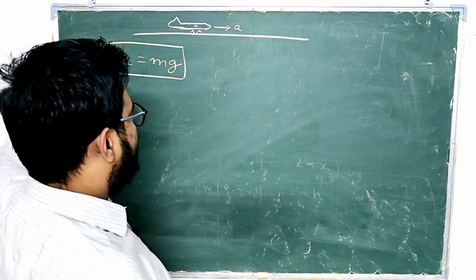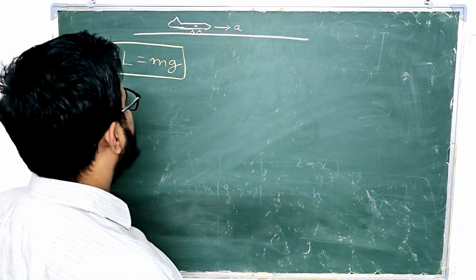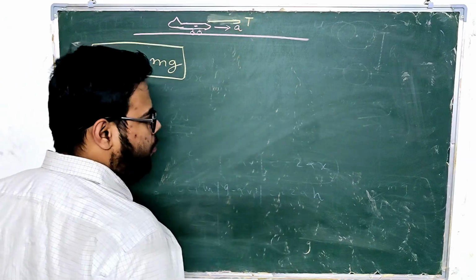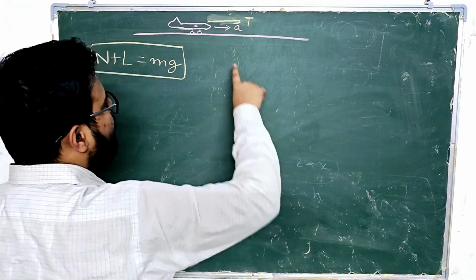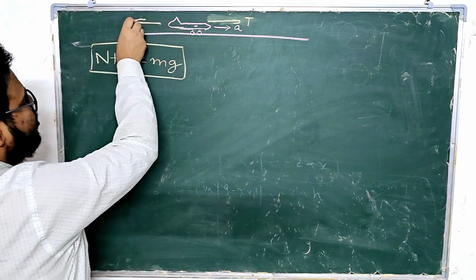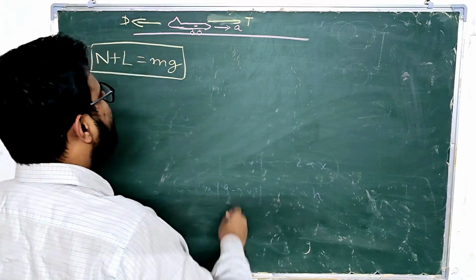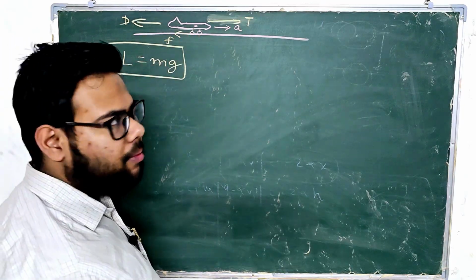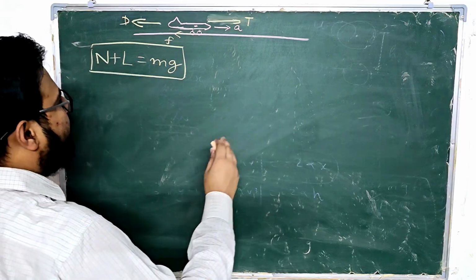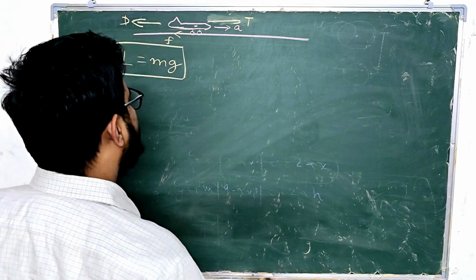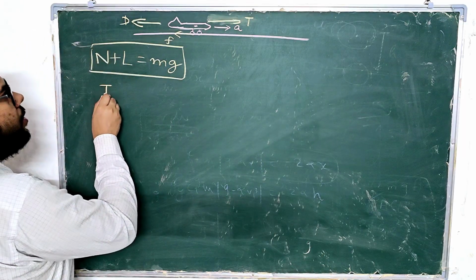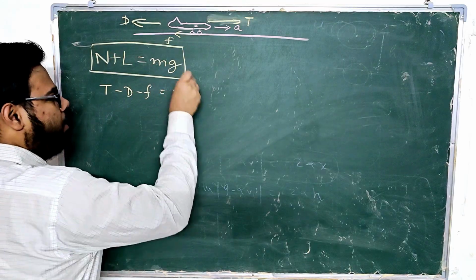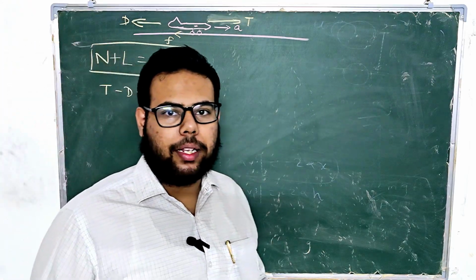For the horizontal axis, what will be the forces? Well, there will be a thrust force produced by the engines, and due to the motion there will be a drag force and there will be rolling friction. So if I balance the forces along the horizontal axis, I will get T minus D minus F is equal to ma, where m is the mass of the airplane, of course.